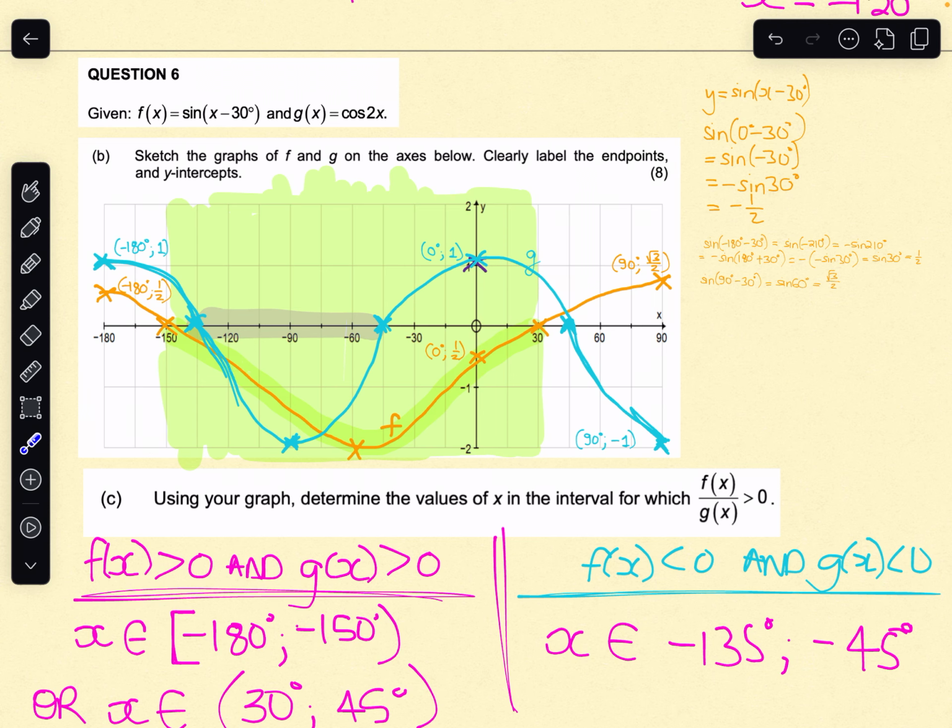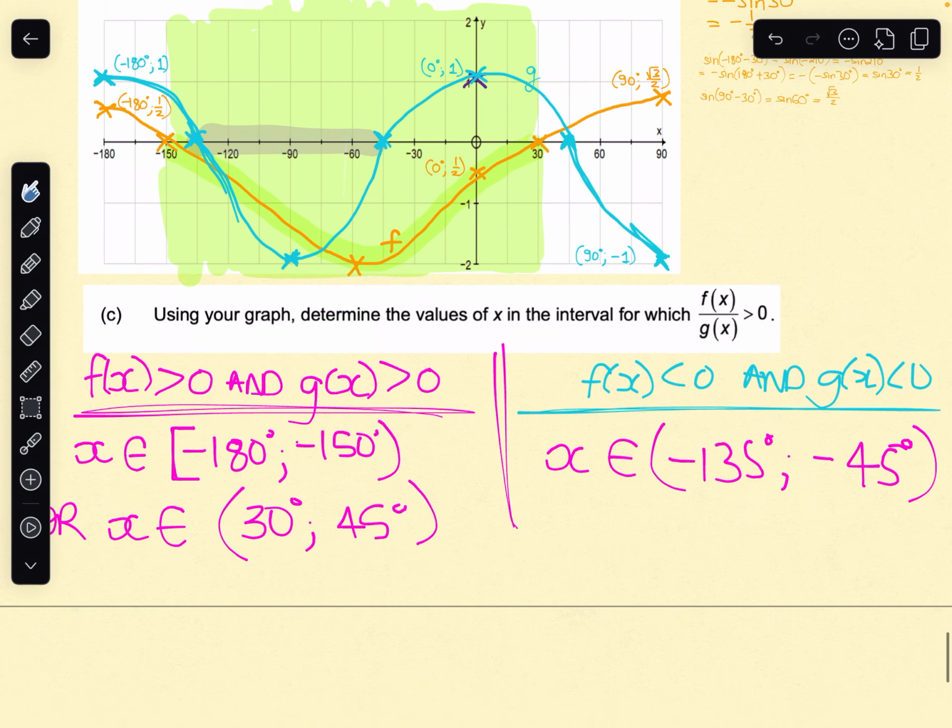So then again, our analysis of whether to include or exclude the boundaries. We see that for both of them, g is equal to 0. When x is negative 135, g is 0, and when x is negative 45, g is again 0, meaning that this division would be undefined for both of these values, so we cannot include them.